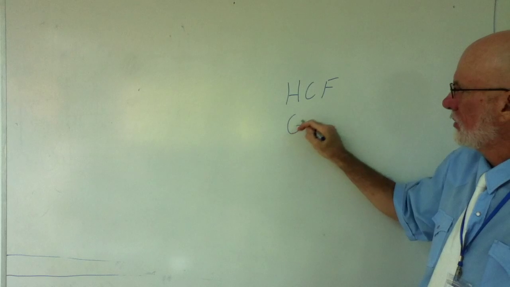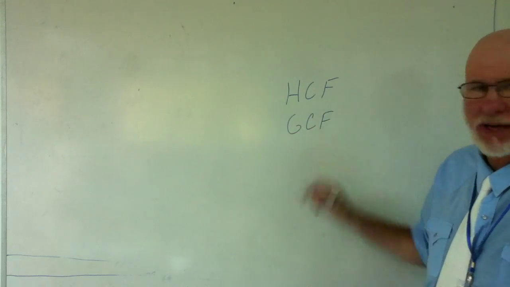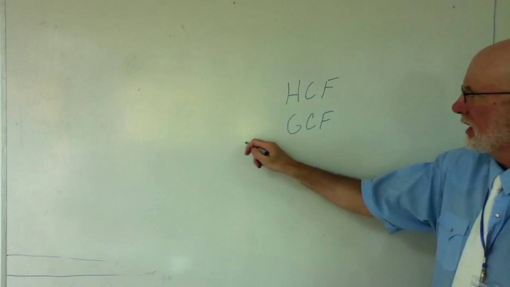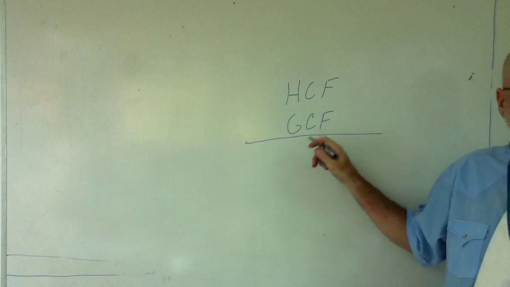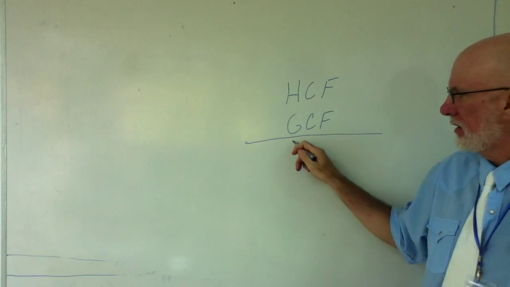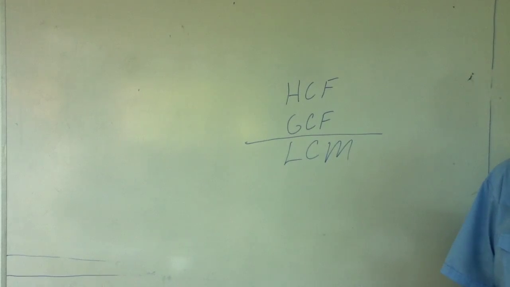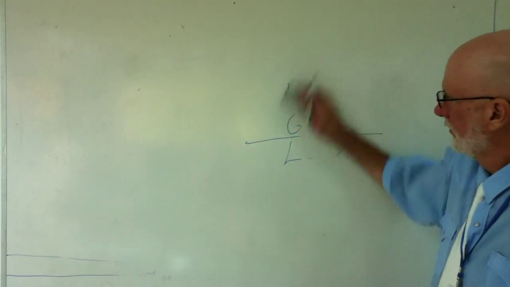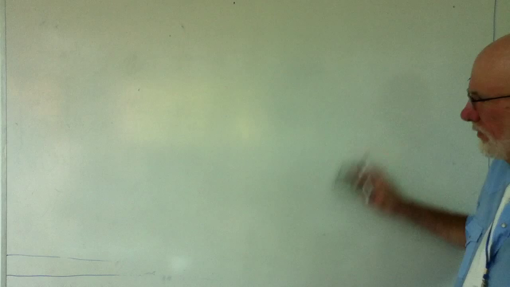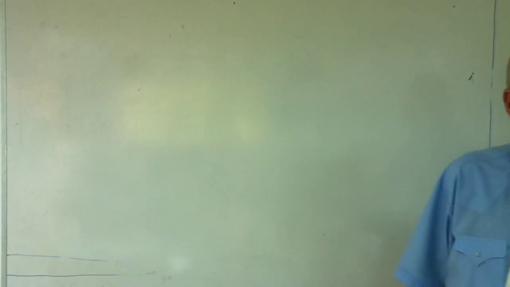I call it greatest common factor. So some of you who came from different schools, highest common factor and greatest common factor. And what about least common multiple? So is it one of those, do you think? Which one? What do you think it is?